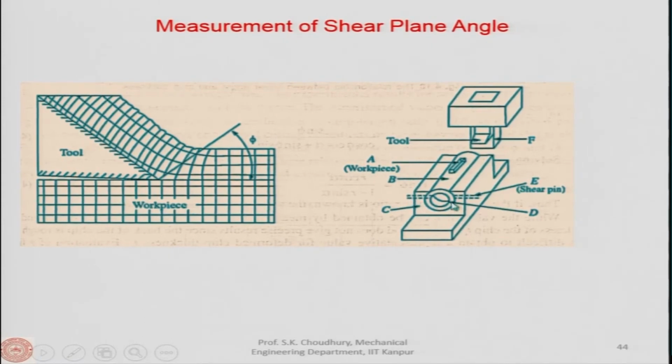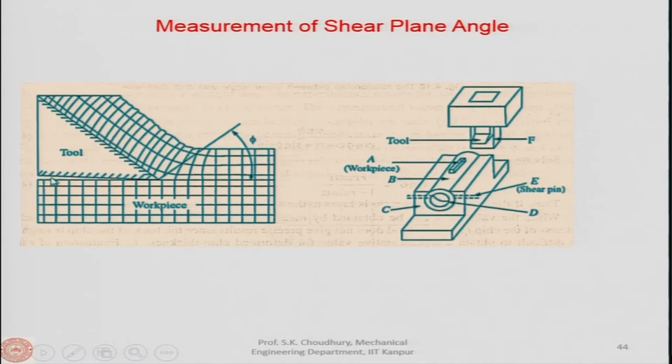As a result, the machining process will be stopped because the pin is broken, and we will get the workpiece with a partially made chip. This is important for the measurement of the shear plane angle. It is important that we get a clear picture of the chip, and it is something like this.